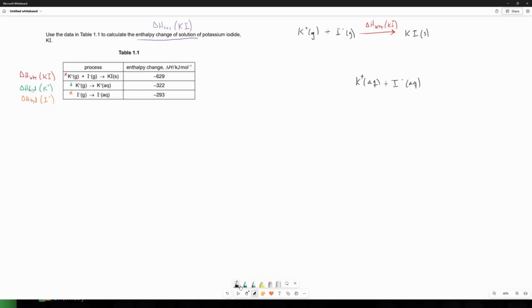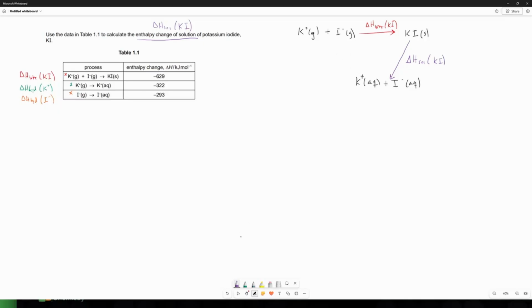Now let's talk about enthalpy changes, because when we convert from potassium iodide solid, from the solid ionic compound, to the ions in aqueous solution, we're talking about dissolving them. Remember, ionic compounds, when they dissolve, dissociate into their ions. So when we go from the potassium iodide in the solid state to the ions in aqueous solution, we are going to talk about the enthalpy change of solution, specifically here the enthalpy change of solution of potassium iodide.